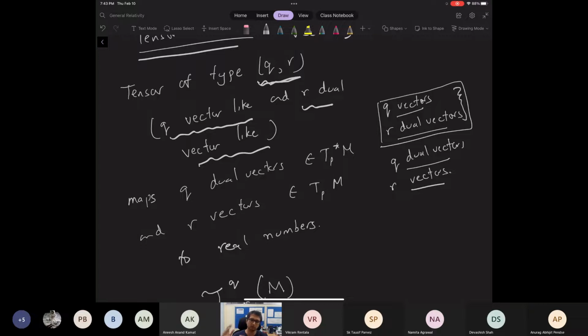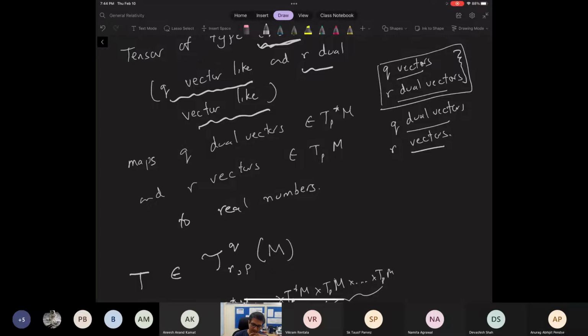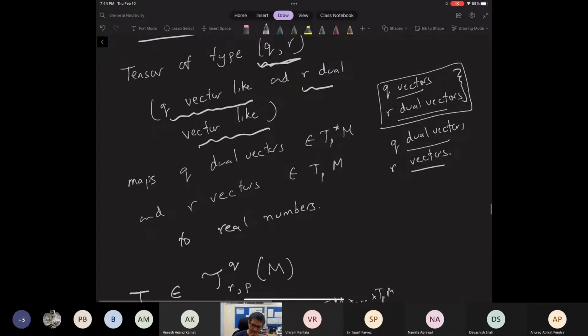This is similar to something you might have seen in special relativity, where we define tensor products of vectors. But then we go a step further and say that tensors exist independently of whether or not you can define them as a tensor product. So what we will do instead is define a tensor of type (Q, R) as taking as input Q dual vectors and R vectors.